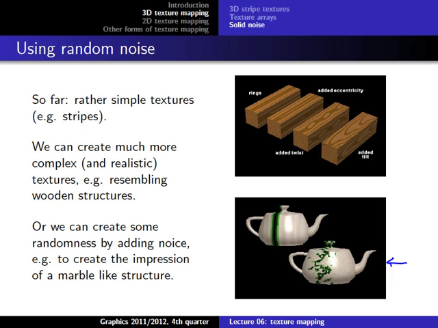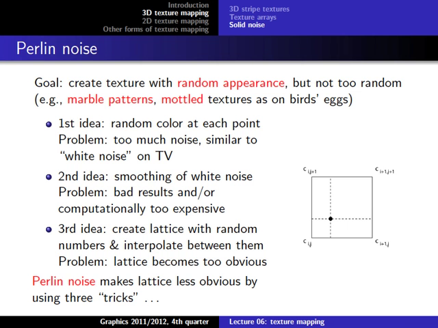So one of the ideas is, well, if it's a random function, a random pattern, why do we not just create random color values? So we just take the points that we have and then just create a random color. For example, if we want to model wood, we just take different shades of brown and then we just take random colors.